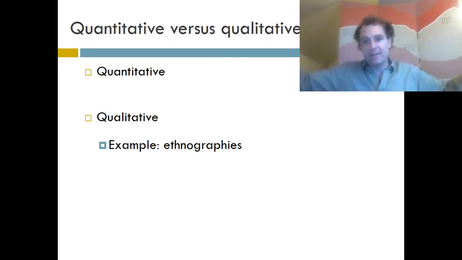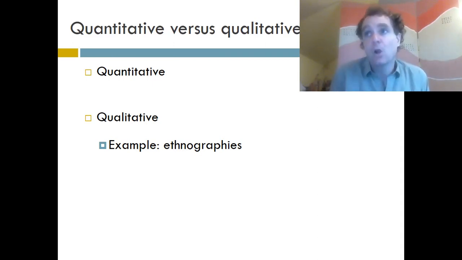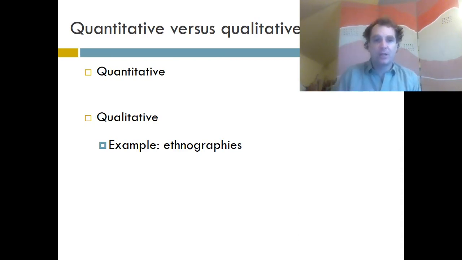Many, many, many data points. And so that then you can turn them into numbers and use statistical analysis to understand them. Qualitative research, on the other hand, is looking for depth, a rich description. You really want to really know your subjects, really know your case.